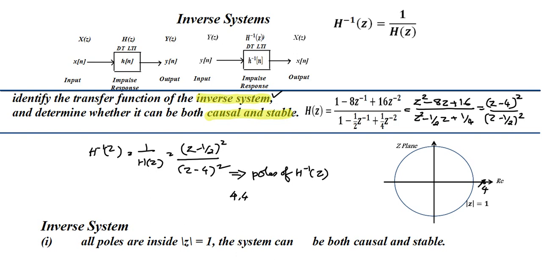So not all poles are inside |z| = 1, and the system cannot be both causal and stable. Here I used H inverse of z to verify this, or you can use H of z also.